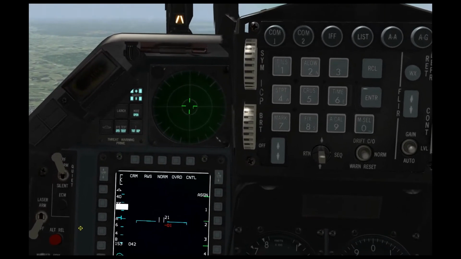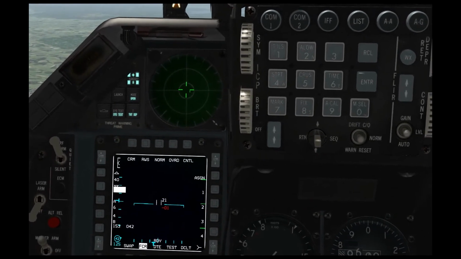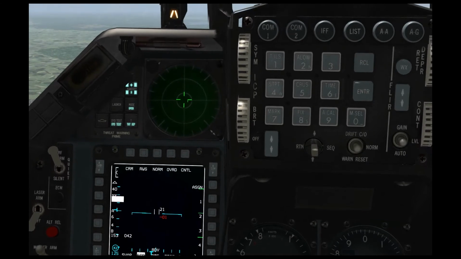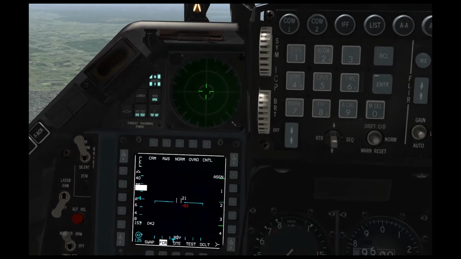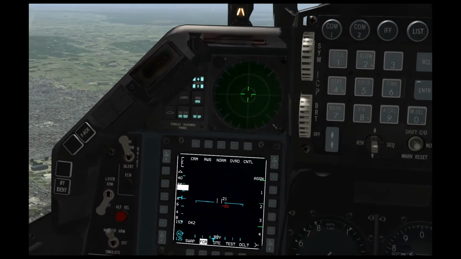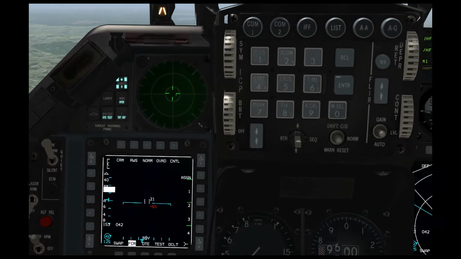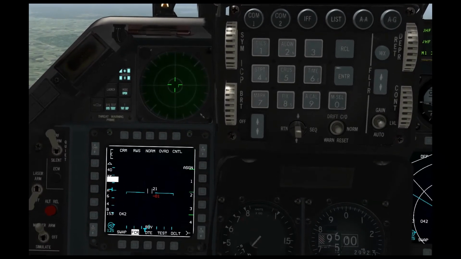Because unlike RWS, where radar contacts will just show up as white squares, on TWS, up to 10 targets will be automatically soft locked by your radar, and what that does is it will tell you their heading, or bearing, and their altitude. Okay?